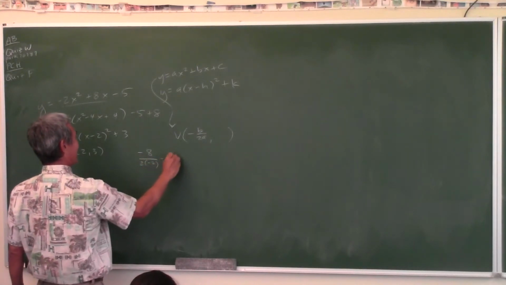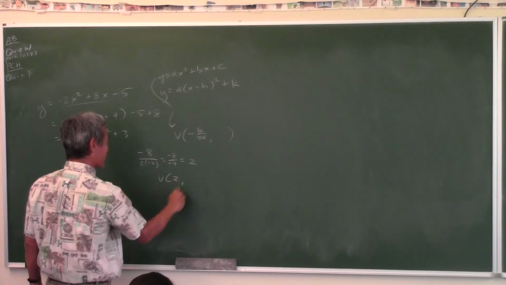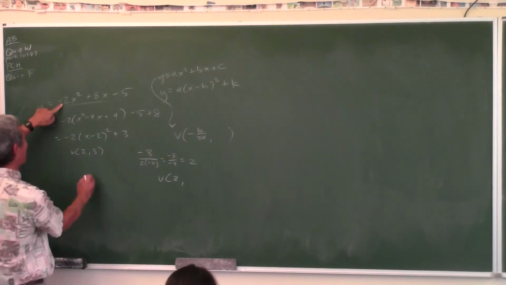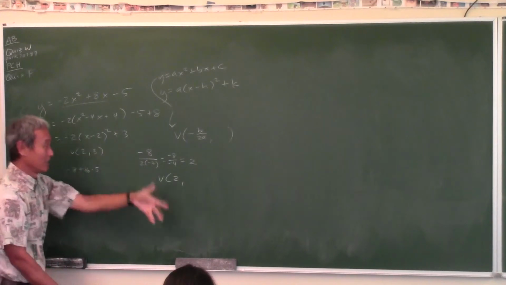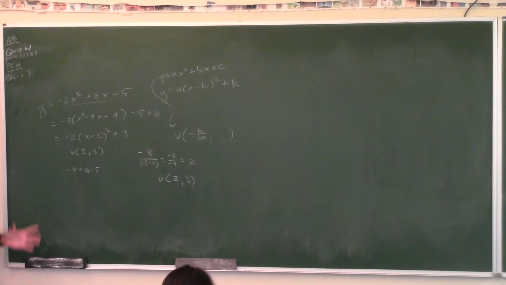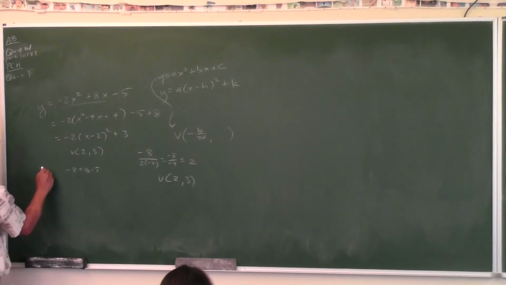What is negative 8 over negative 4? 2. So we know the x-coordinate of the vertex is 2. How do I get the y-coordinate? You plug it back in. So if I plug it back in, you got negative 8 plus 16 minus 5, which is 3. Isn't that a lot faster than completing the square? Yeah, but I don't care how you do it, just do it. I'm just telling you, negative b over 2a is the best. That should be your best friend in this chapter.